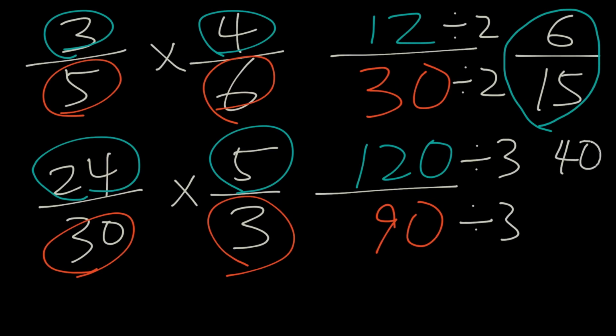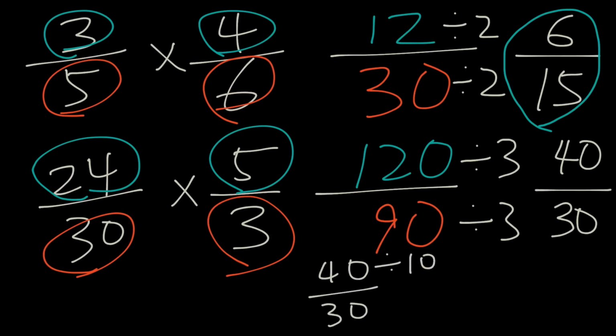So we will end up with 40 over 30. Wait a minute. Now we can see the top and the bottom can both divide by 10. So let's do that again. So our final answer is 4 over 3.